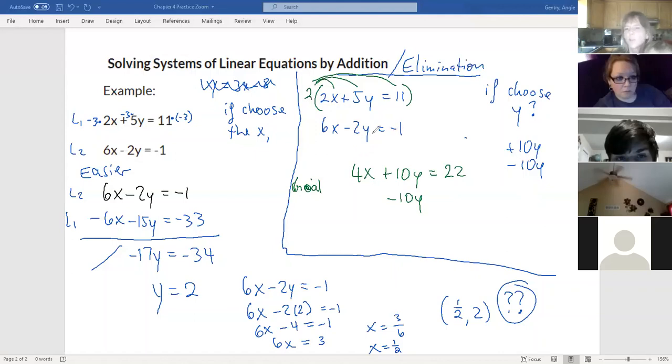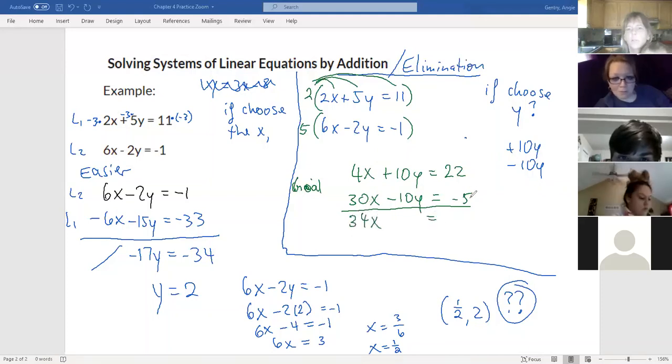I don't want to go so fast. Some people take notes, other people don't take notes. And wipe the green off. And then 5 times negative 2 causes that negative 10. 5 times 6x is 30x. 5 times negative 1 is negative 5. And then let's add them together. And this is actually me checking my own work because I don't like this answer that I found. So let's see what happens here. 4x and 30x. I don't like that.